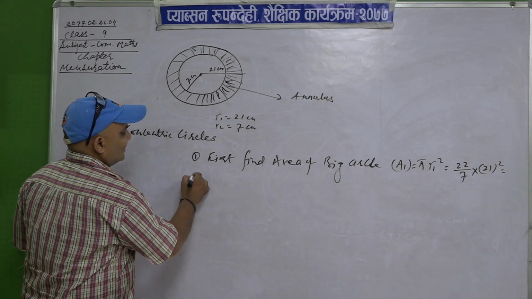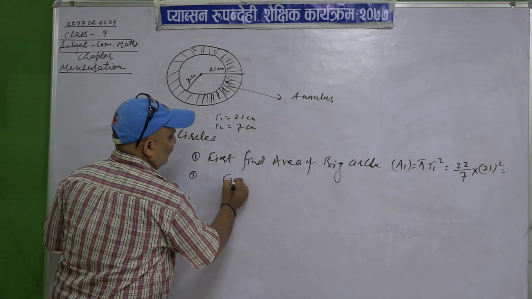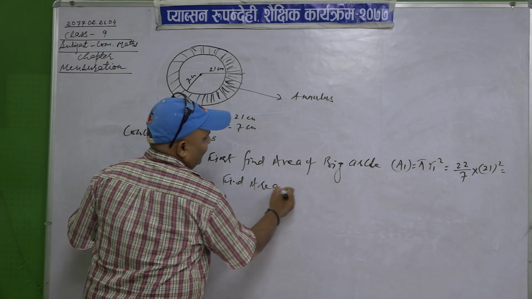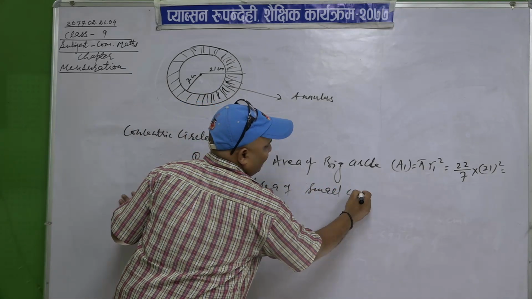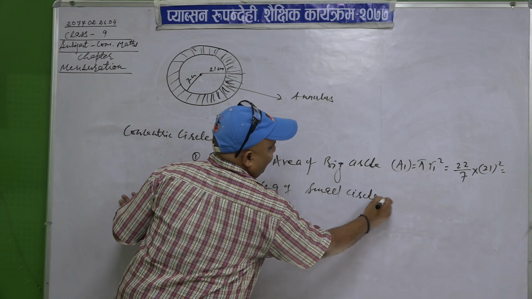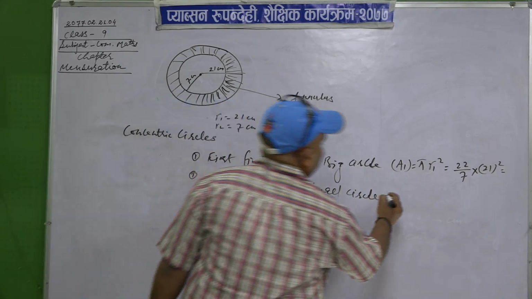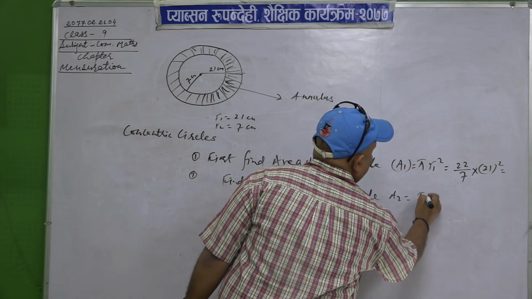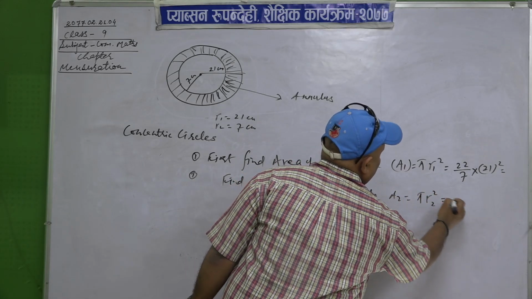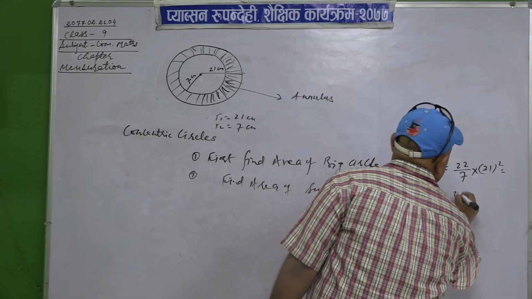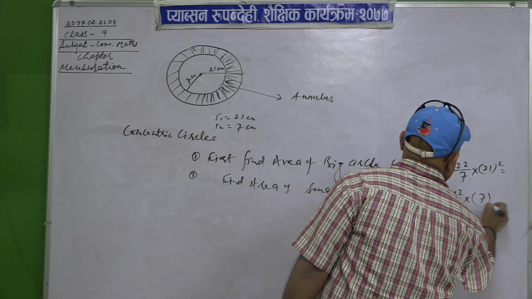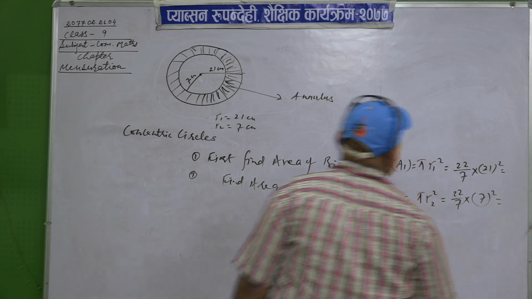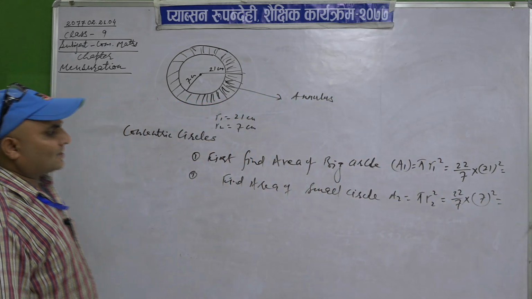Similarly, find the area of the small circle, that is A2, and the formula is the same, pi r square. Put the value 22 upon 7 into 7 square, and you will get the area of the small circle.